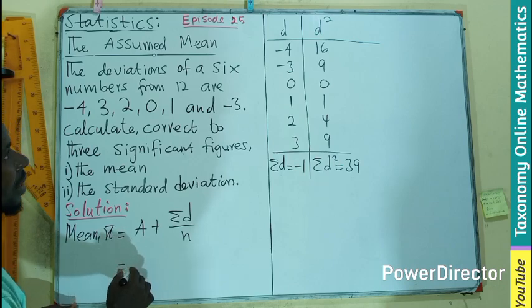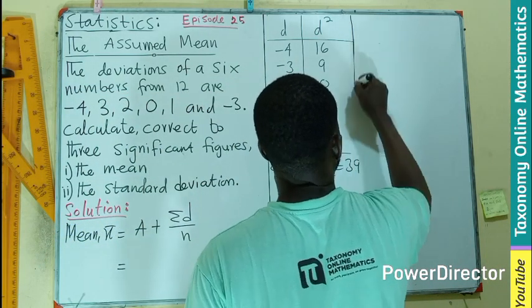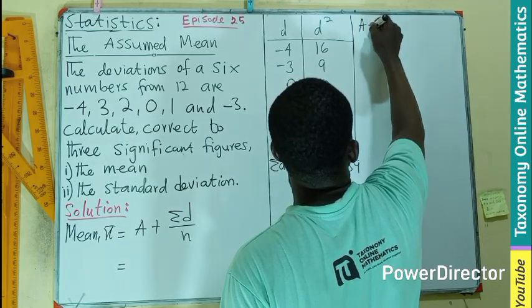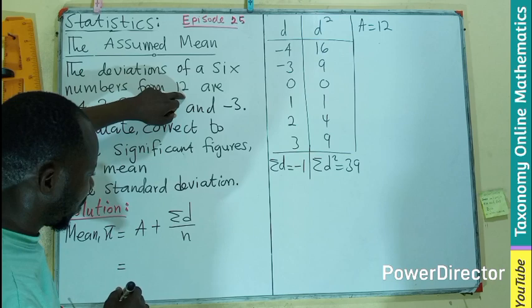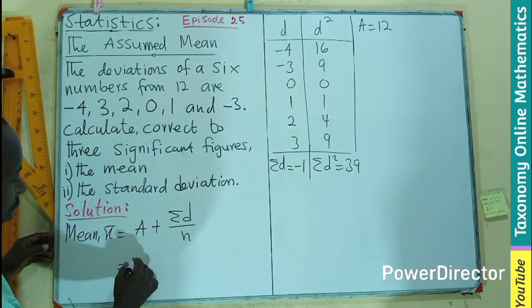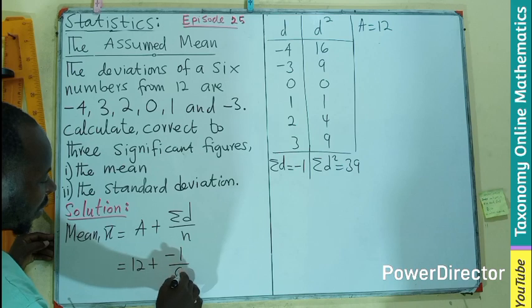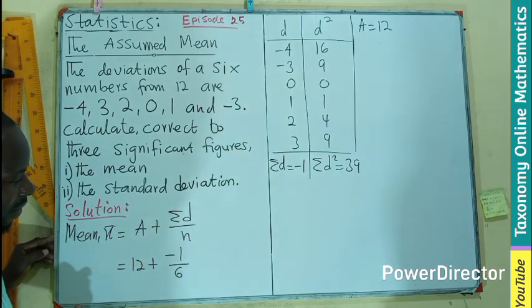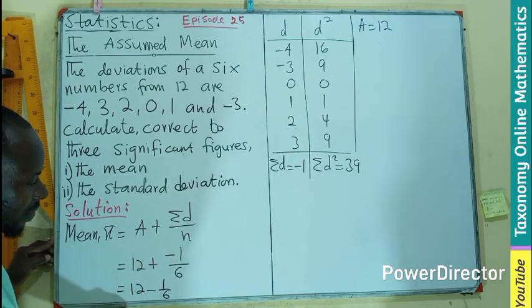Where is the A? Let me indicate it somewhere. Our A is given as 12, because the A is the assumption of the mean. So 12 plus -1 over 6. The n is 6, right? What do I have? This is going to be 12 minus 1 over 6.